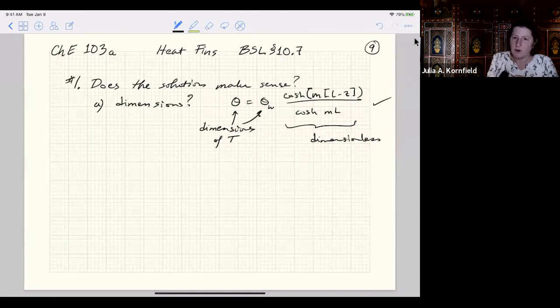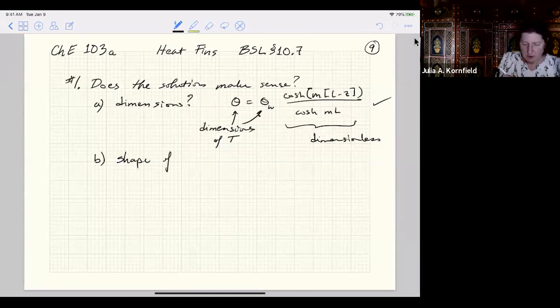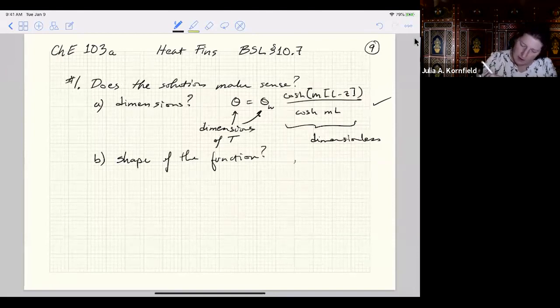And then the next thing you want to check, I don't know if this is the order you would do it, but one of the things I wanted to check is, does the shape of the solution make sense? Does it make physical sense? And so I'll just put down shape of the function. Does it make physical sense? So let's go ahead and again sketch cosh. Okay.